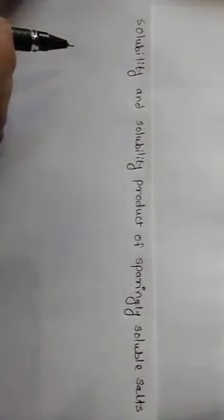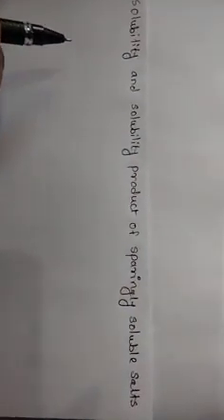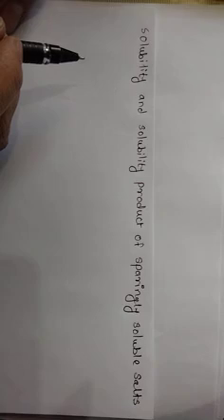Hello dear students. So today we are going to discuss the solubility and solubility product of sparingly soluble salts. Okay. So what are sparingly soluble salts? Sparingly soluble salt means partially soluble salt.